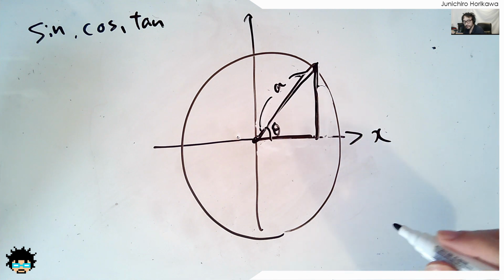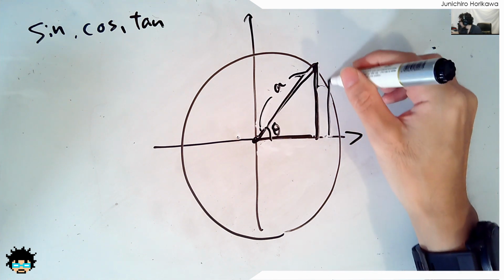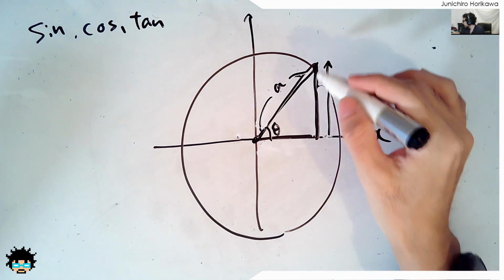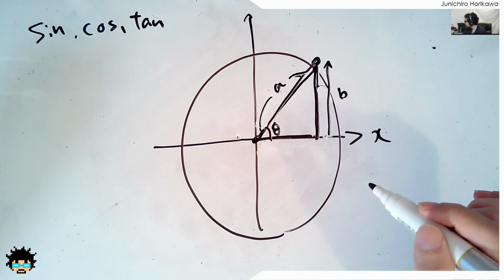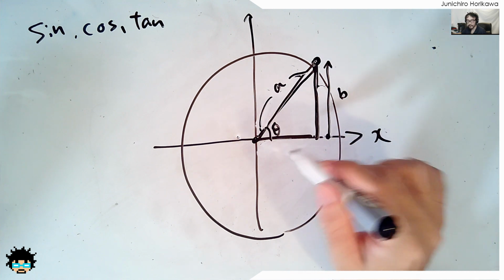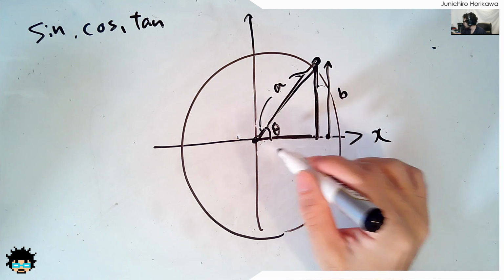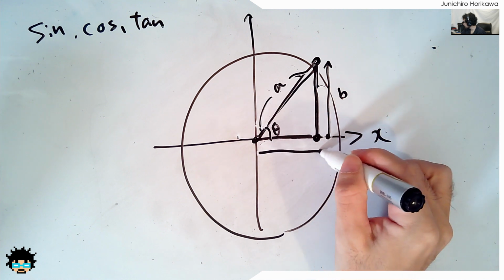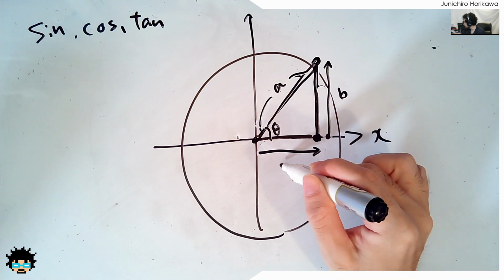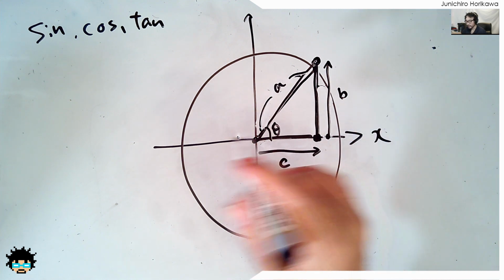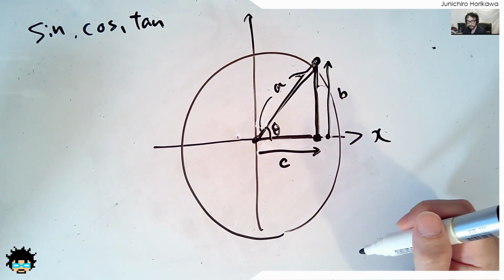And you can also retrieve the y coordinate of this point here, projected from the x-axis, and you can also retrieve the x coordinate of this point, and let's call this C, which is aligned with the x-axis.